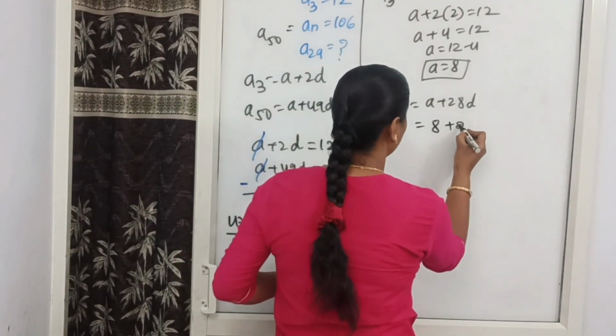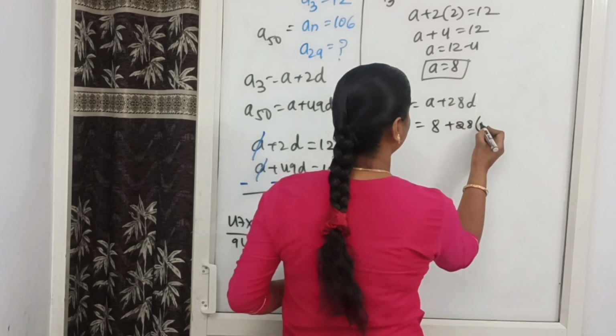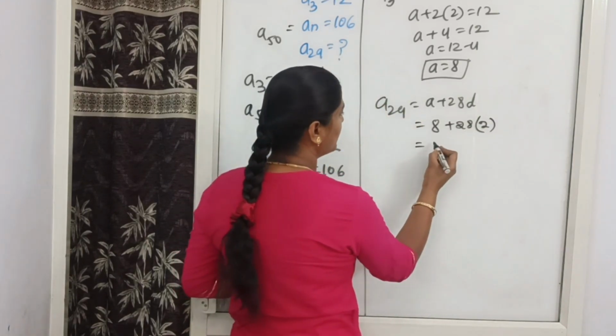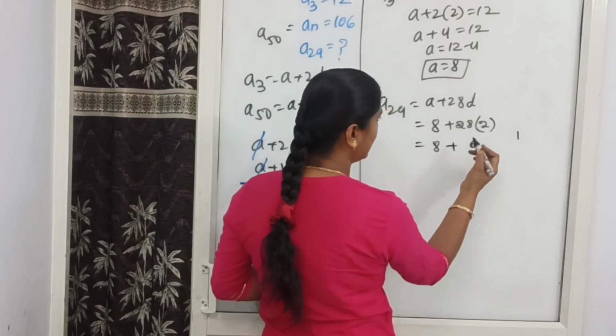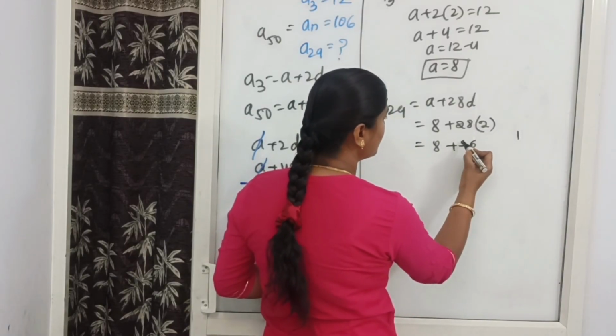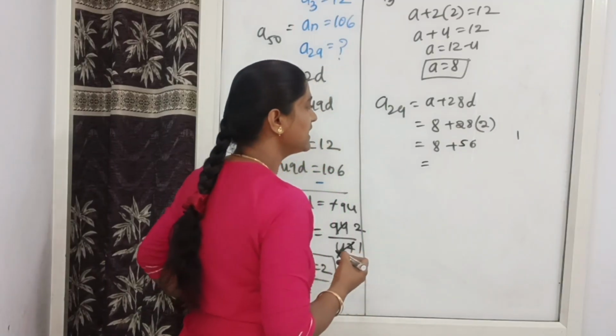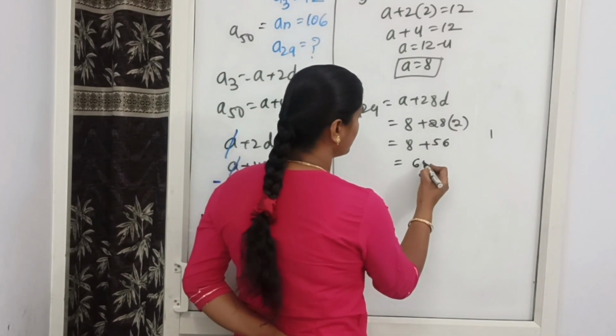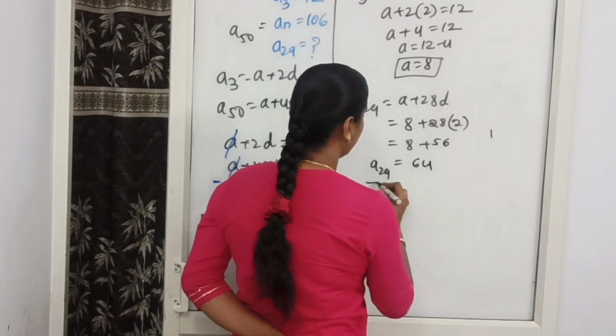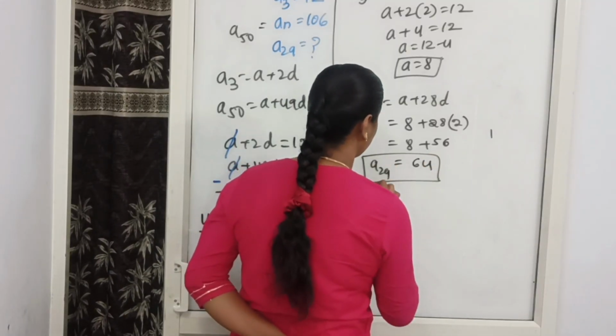A is 8 plus 28 into D, which is 2. 8 twos are 16, 1 is the carry. 2 twos are 4, 4 plus 1 is 5. So 56 plus 8 is 64. So the 29th term is 64.